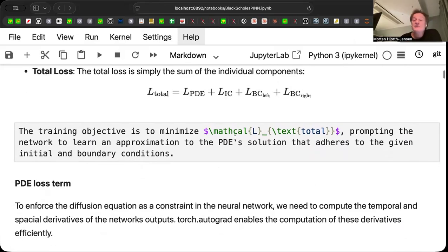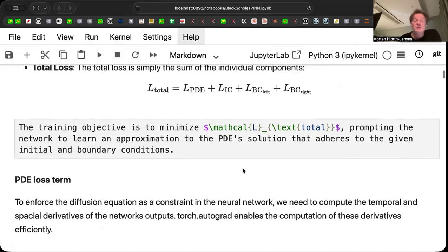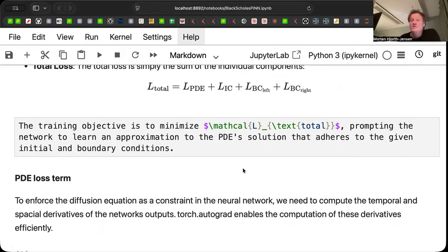So the training objective is now to minimize this function here, prompting the network to learn an approximation to the PDE solution that adheres to the given initial and boundary conditions. And that's the basics of a PINNs approach.